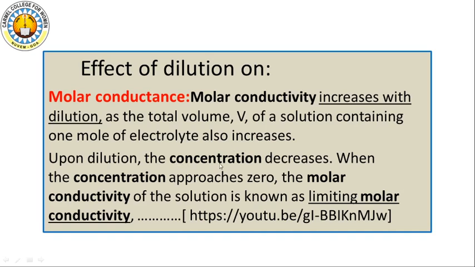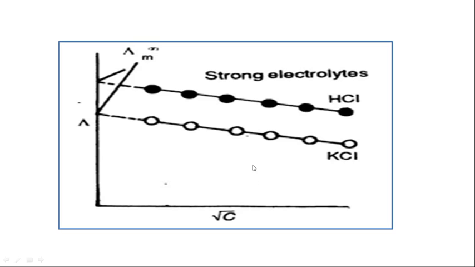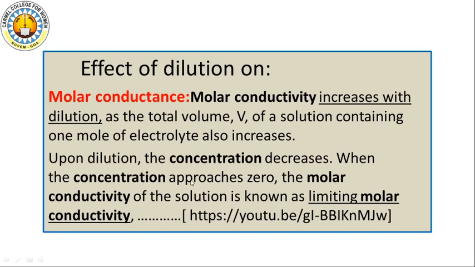So upon dilution, the concentration is decreasing. When the concentration approaches 0, the molar conductivity of the solution is known as limiting molar conductivity. This we will be discussing a little later. So let us make things very clear. Molar conductivity increases with dilution, the same way equivalent conductance increases with dilution.